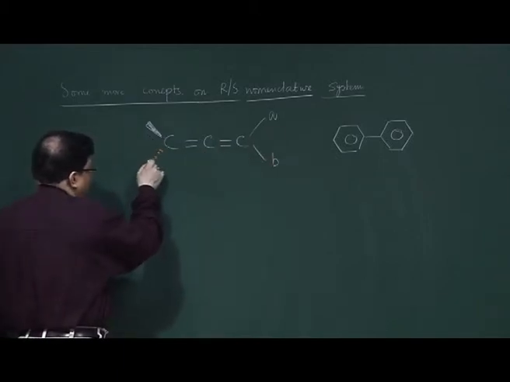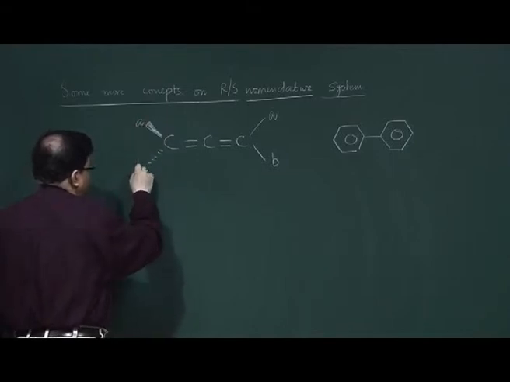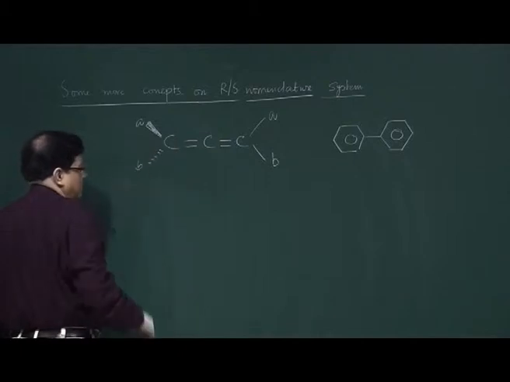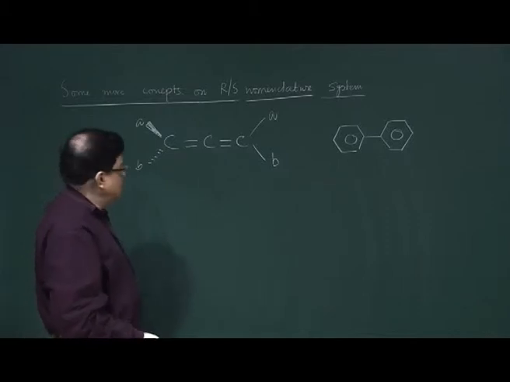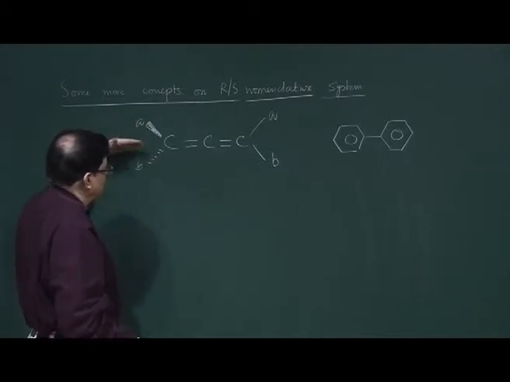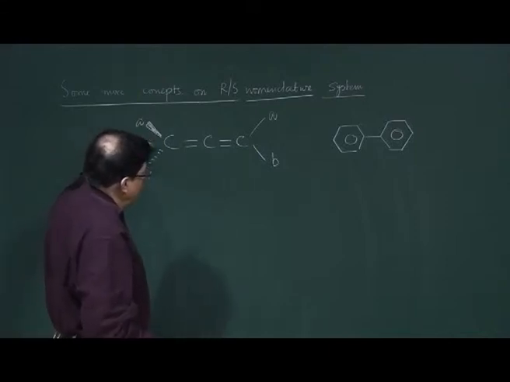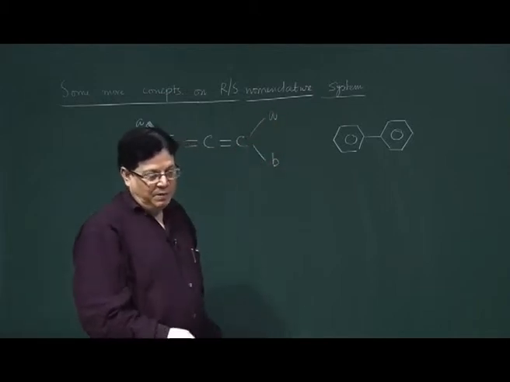If you do that, then the other 2 bonds do not lie in the plane of the board, actually both are, one is above the plane of the board at 90 degrees to the plane of the board, and the other substituent B that goes back, and that is also 90 degrees to the plane of the board. That means, A and B on this side is occupying a plane which is perpendicular to the plane occupied by the groups on the other side.